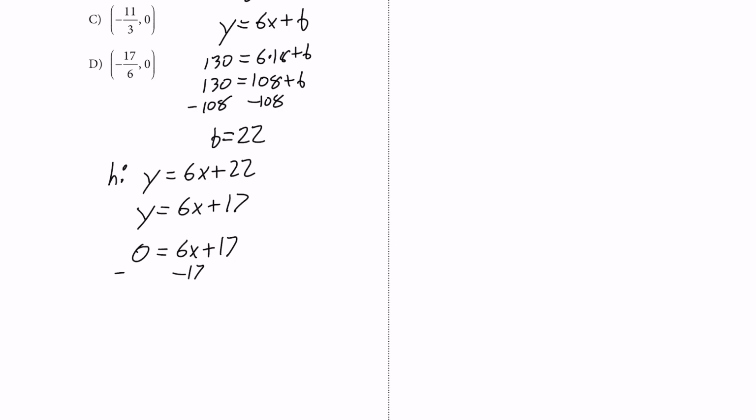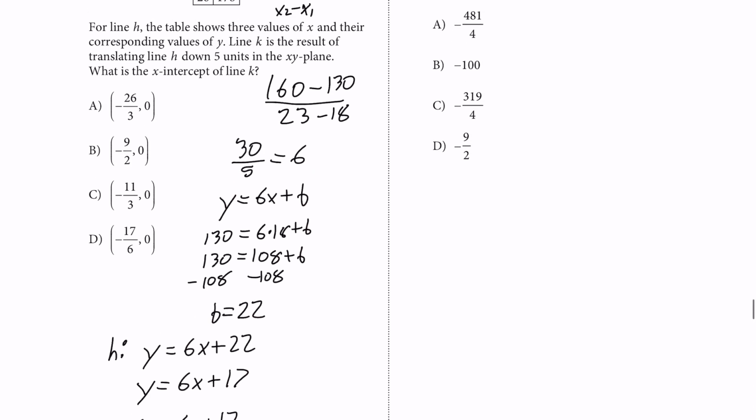Subtract 17 from both sides. 6x equals negative 17. Divide by 6. x equals negative 17 over 6. We can see that is answer choice D. It's negative 17 over 6 comma 0, because at the x-intercept, y is equal to 0 since it's intersecting the x-axis.